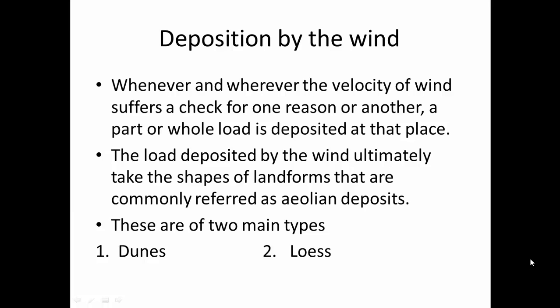The loess deposits are considered most widespread examples of aeolian deposits. They occur in North China, North America, and Europe. Although there are different views regarding the origin and formation of loess, it is accepted by all that wind plays a very prominent role in their origin.